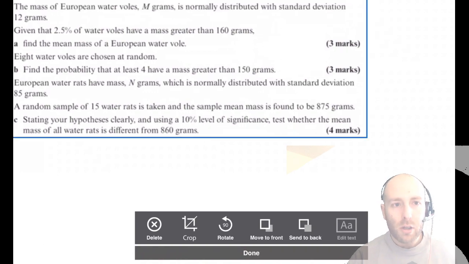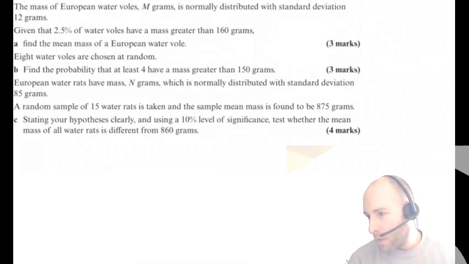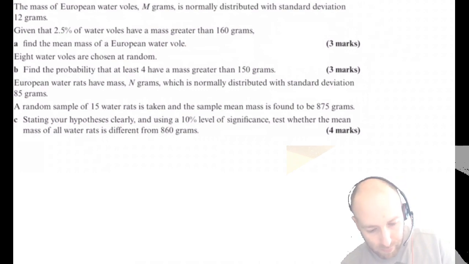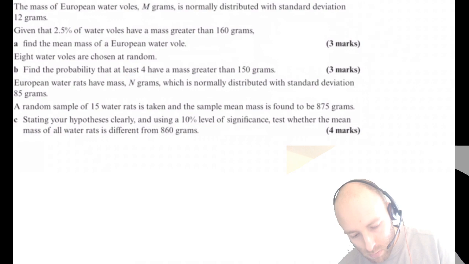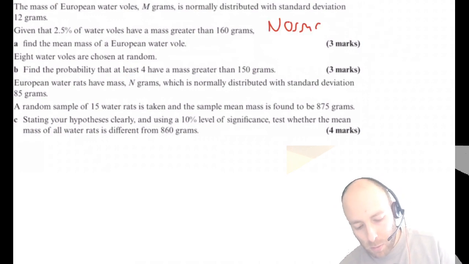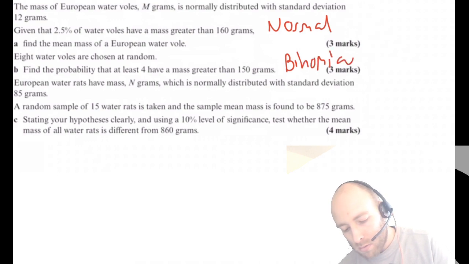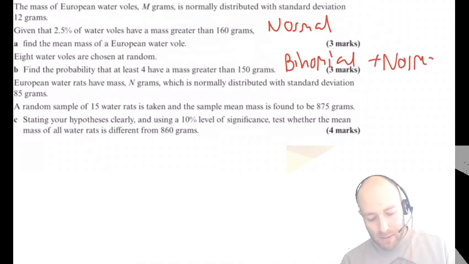Cool. Could you guys try this? I'll give you a couple of hints for it. So part A is like a basic normal distribution question. Part B is a binomial question plus normal. And then part C is a hypothesis test.